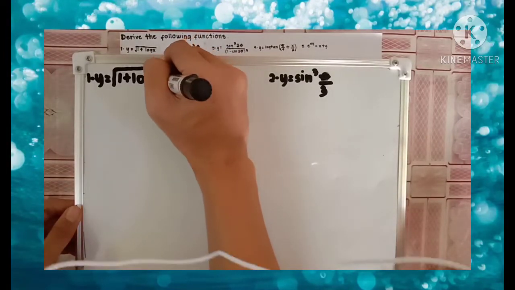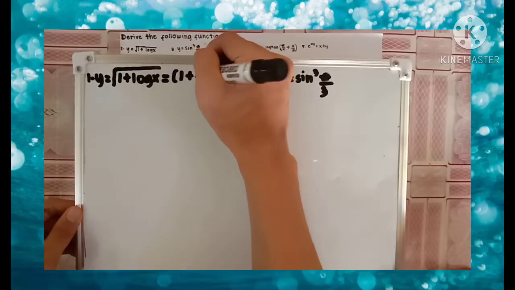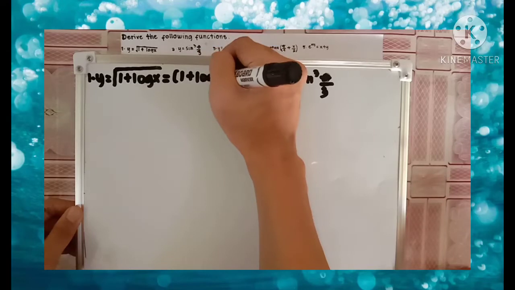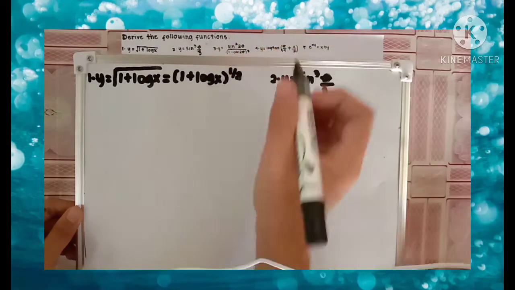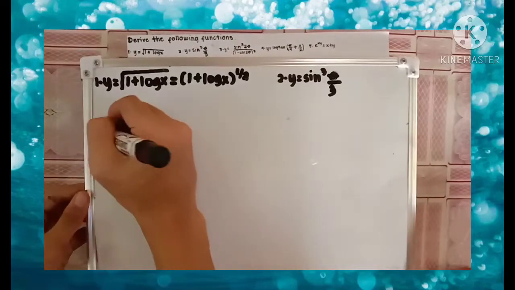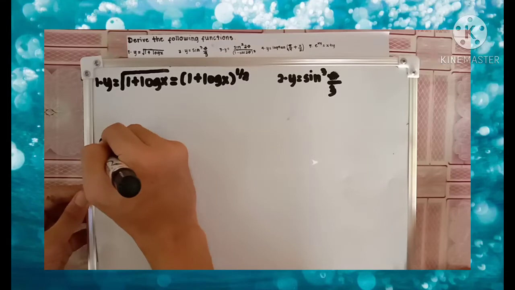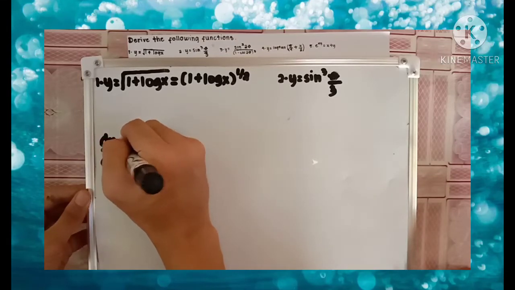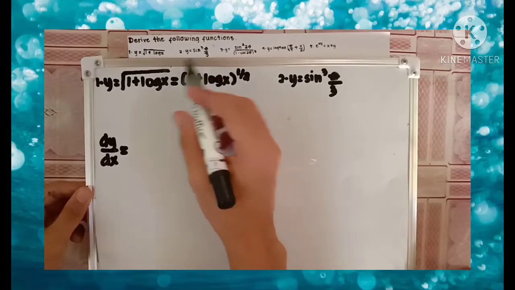So the equivalent function of this is equals to the quantity of 1 plus log x raised to 1 half. So dy over dx is equals to, so gagamit tayo dito ng chain rule, ibababa natin yung exponent.